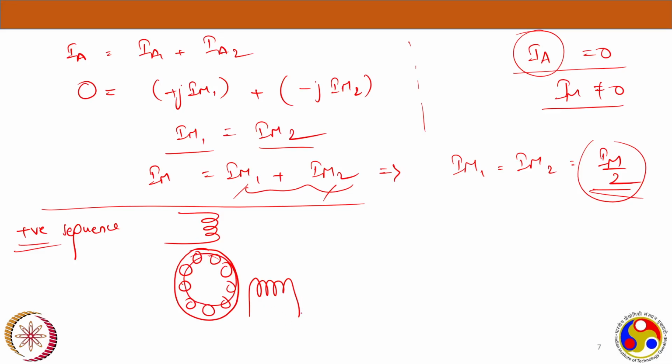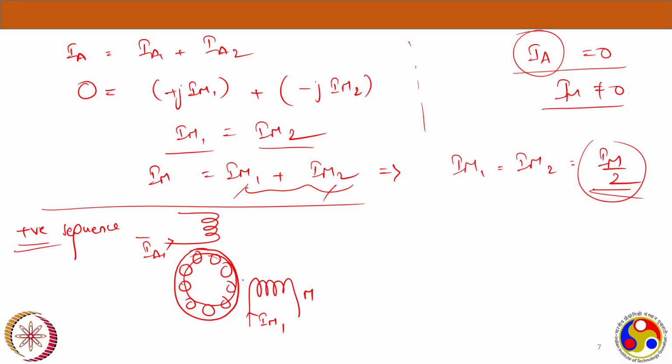Let's say IM1, because it's a positive sequence, IM1 will be flowing through this main winding, and the current flowing through the auxiliary winding would be IA1. Individually there will be currents IA1 and IA2, but when you add those two they will be 0 because IA is 0.